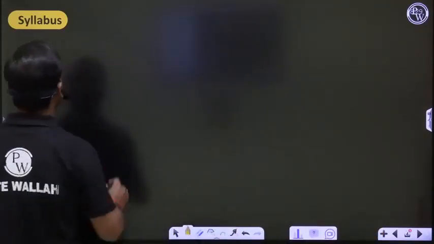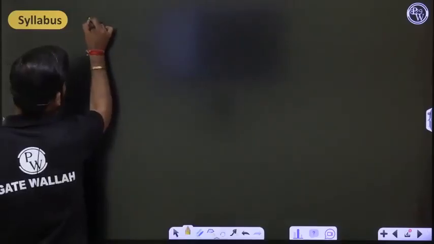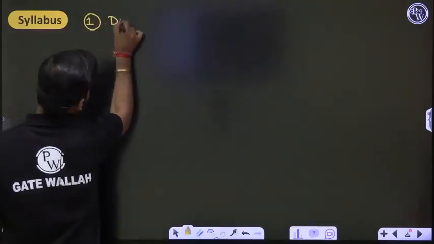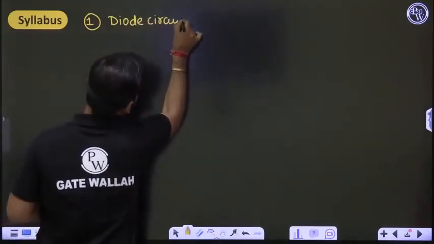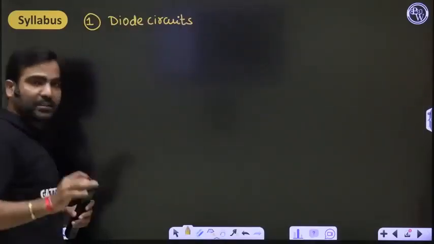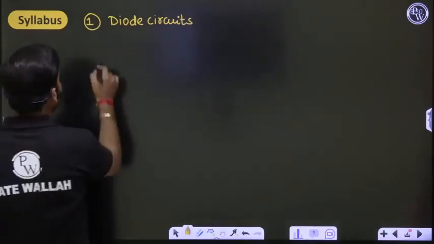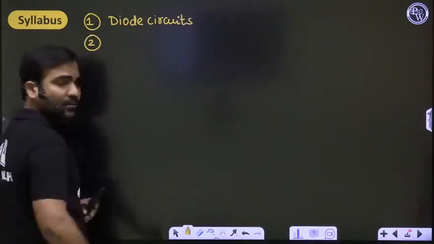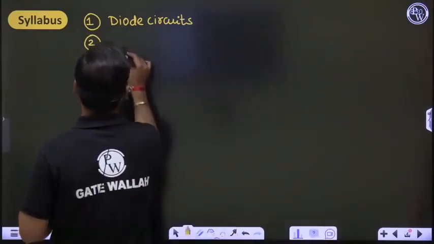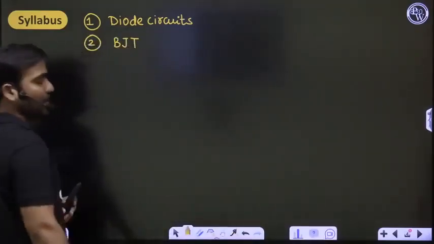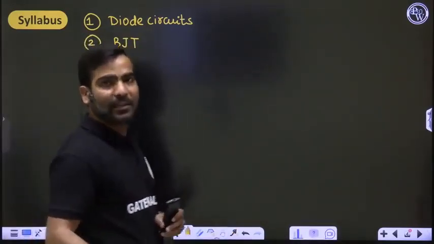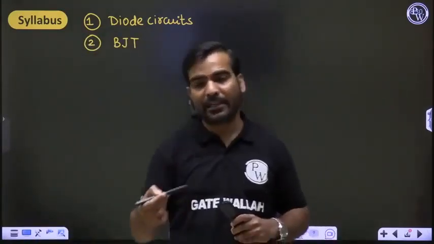A brief syllabus: the first topic is diode circuits, and we will start this diode circuit today itself. Second is BJT, bipolar junction transistor. So what will we study in BJT? BJT DC analysis and BJT AC analysis.